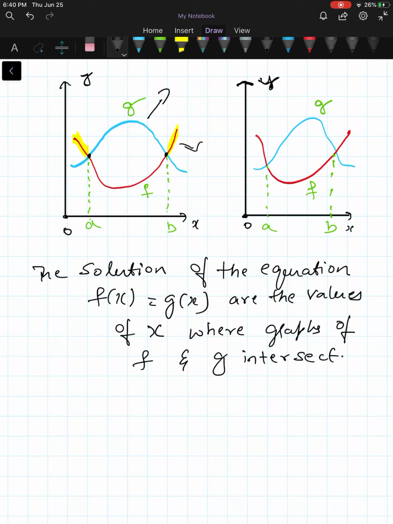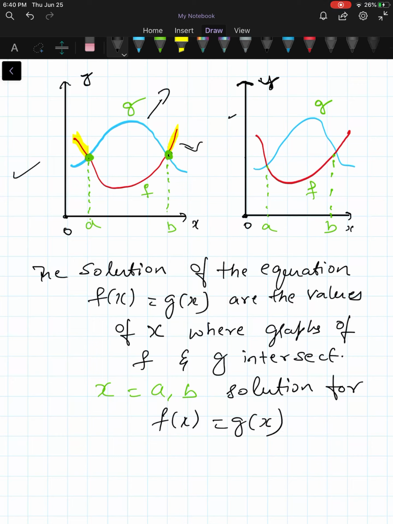In these two pictures here, they are one and the same. In the first picture you see that f is intersecting g at a and b, I'm highlighting it using green. Therefore, x equal to a comma b will be the solution for the equation f of x is equal to g of x.